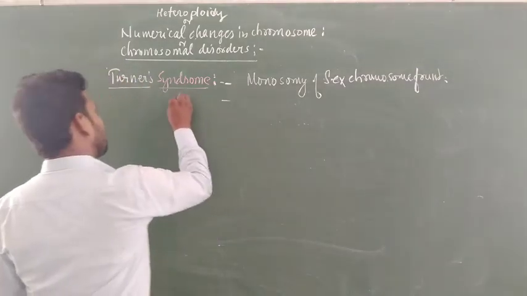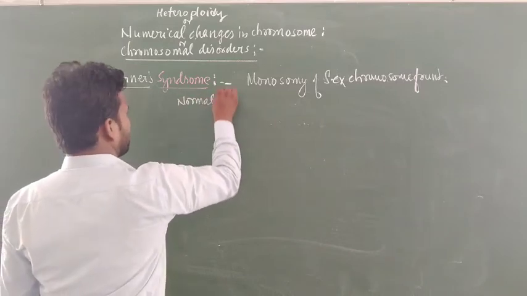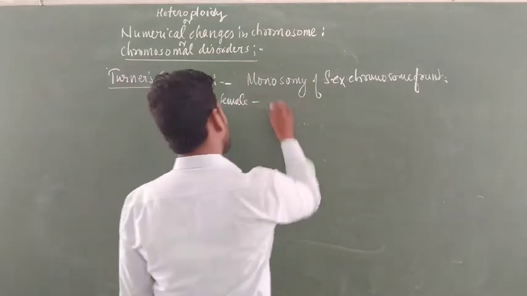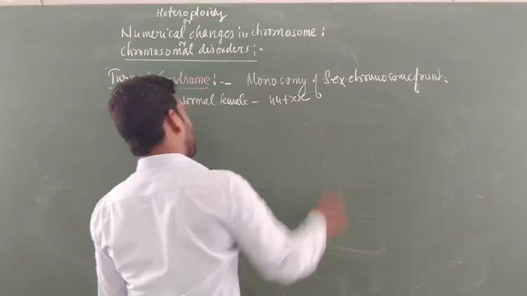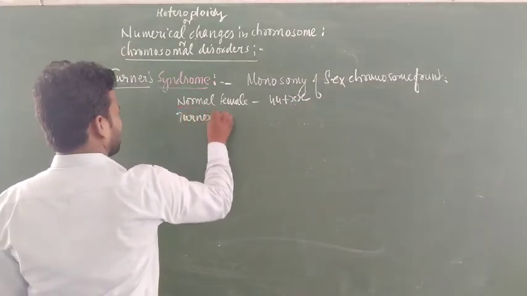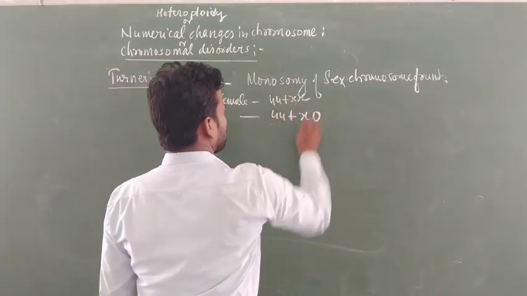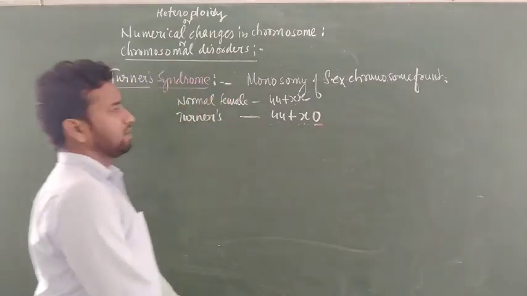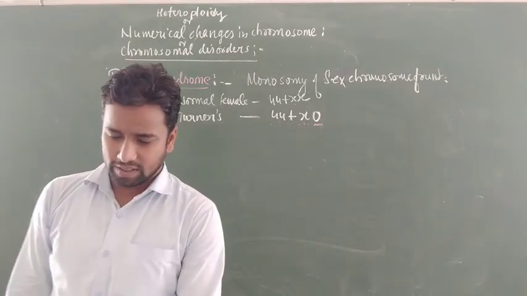It means that in a normal female, 44 plus XX chromosomes are found, but in a Turner patient, 1 X chromosome is deleted. One chromosome is deleted.